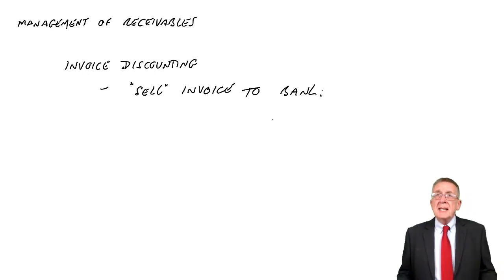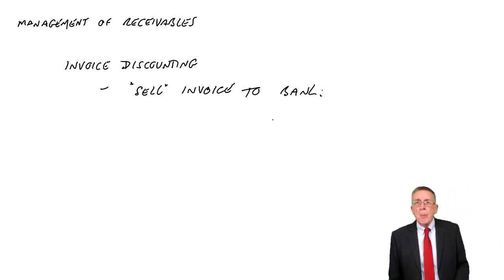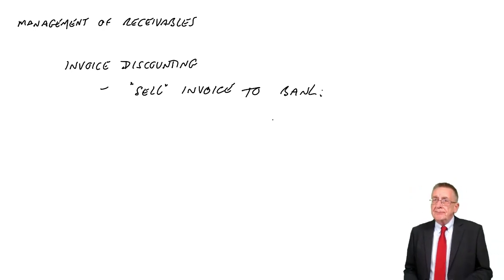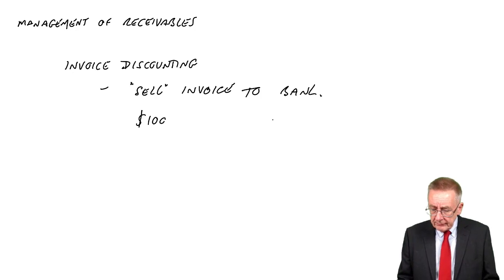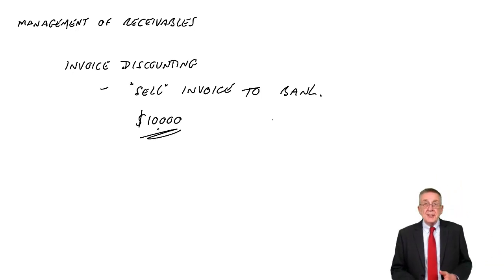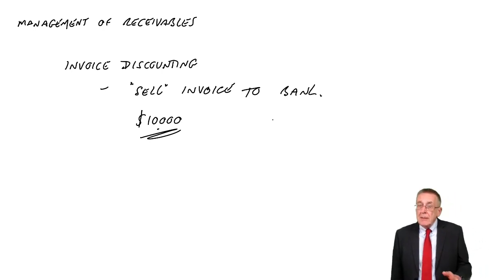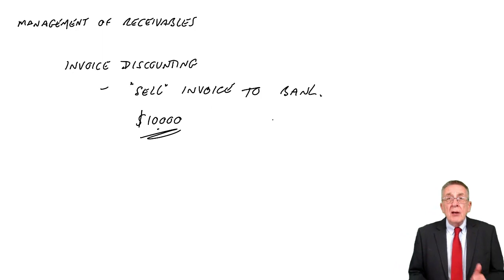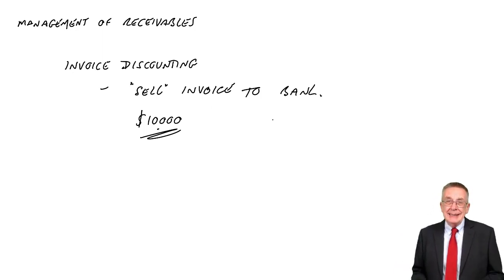Now, what we're getting at here, suppose I've got receivables of 100,000, and included there is one customer who owes me 10,000. My terms are 30 days, and I'm confident he's going to pay me in 30 days. But for whatever reason, we desperately need some short-term money today.